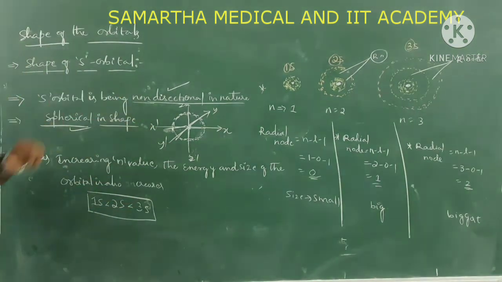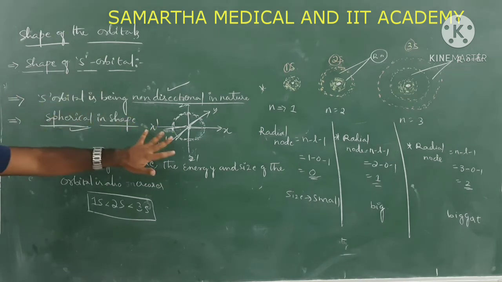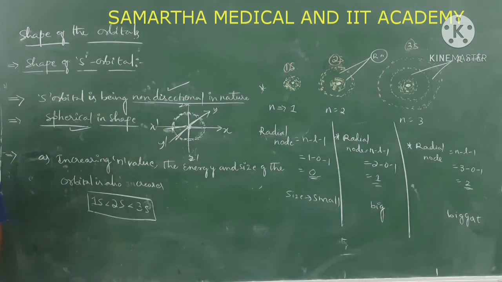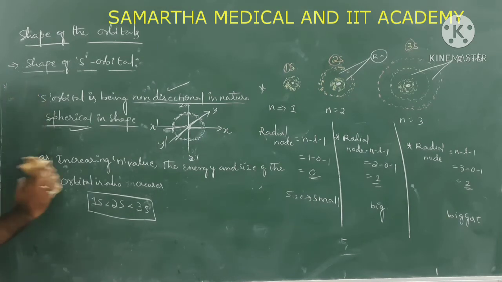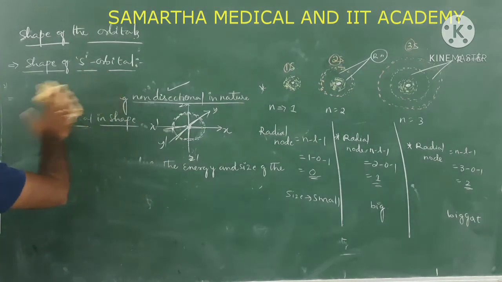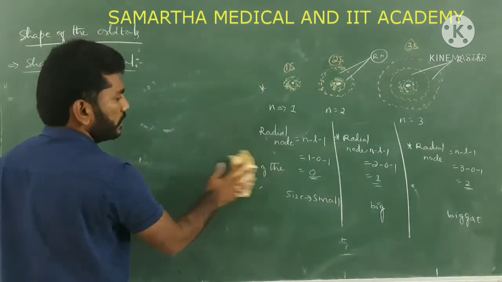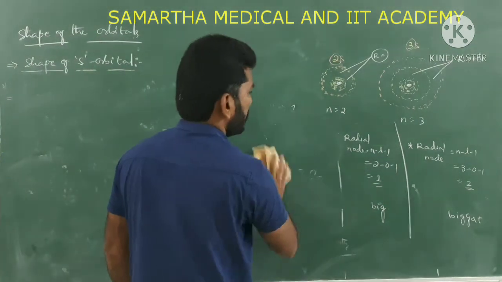So let's go with the shapes of orbitals. As we know, the s orbital is spherical in shape. Let's go with the shapes of p orbital. What are the things we are going to get in these p orbitals?